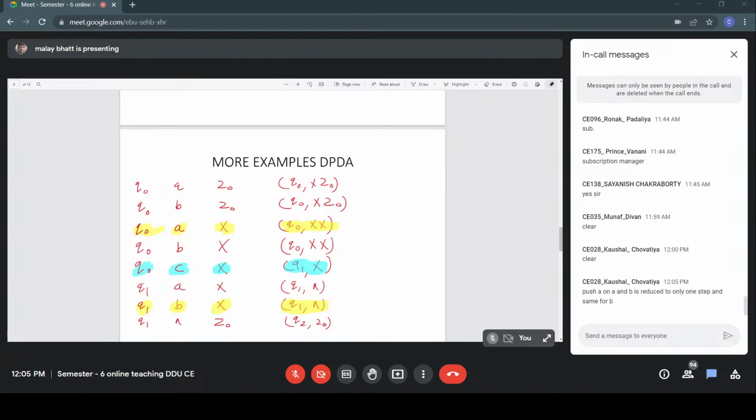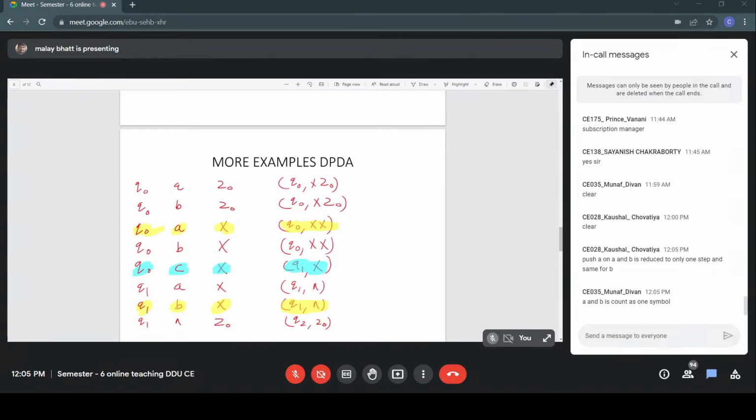Yes, I got one answer from Kaushal. Good. Push A. Munaf has also given the correct answer. So pushing on A and B is reduced to only one step. We are pushing A or B, so for A and A we don't require a separate rule, and for A and B we don't require a separate rule.